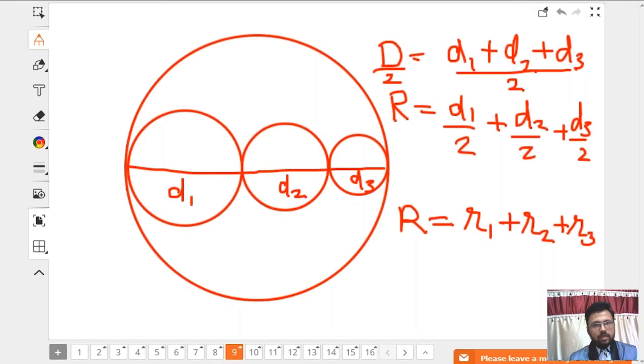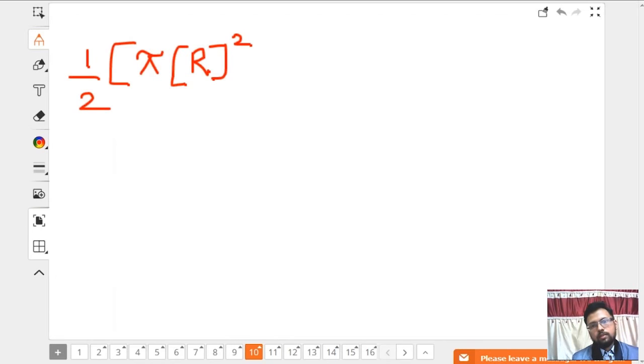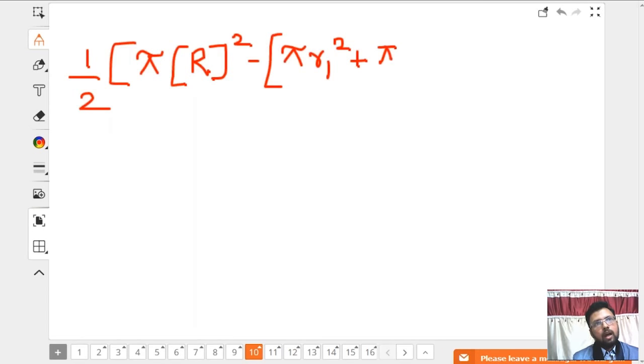Simple? Yes. Now let's go for the area. Okay, area of the circle. Okay, so our formula was half into area of the biggest circle. What is that? Pi into R square. This was the biggest circle. Okay, minus pi into, I'll put it in bracket, R1 square plus pi into R2.